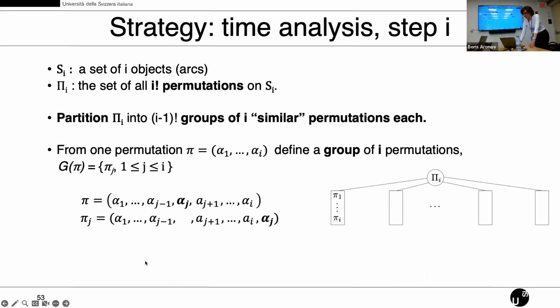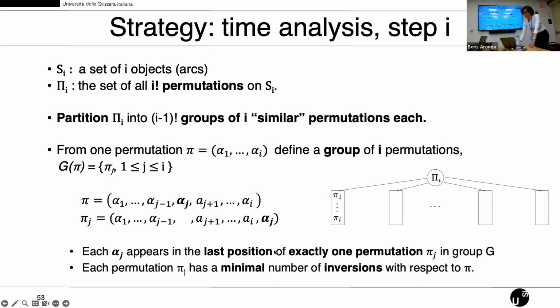Alpha_j appears in the last position of exactly one permutation, and its permutation has the advantage that it has a minimal number of inversions with respect to the initial permutation.